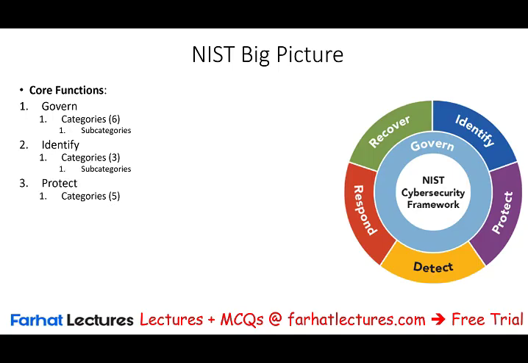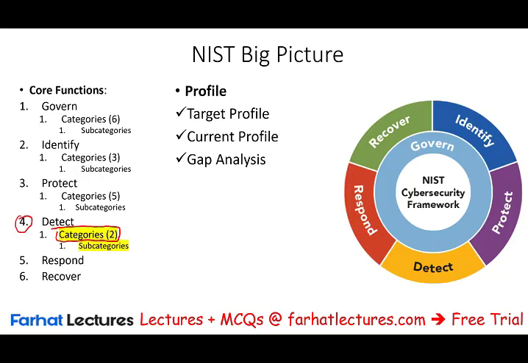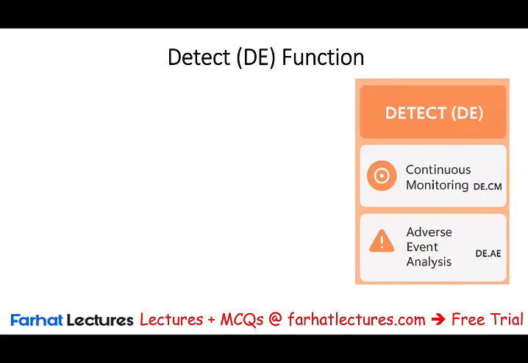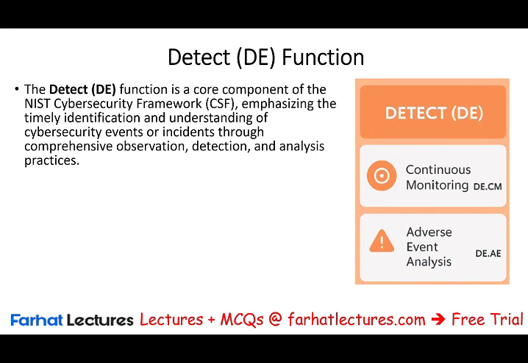Going back to the big picture, under the detect function, we are going to have 2 categories. So we're at the 4th function here. And from the core function, we can build the profile, then we can determine what our tiers are. So what is the detect function? From the word detect, it's basically an early warning system. Something's happening and you detected what's going on.